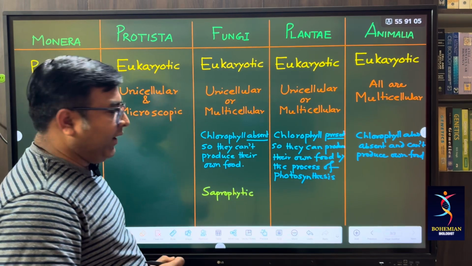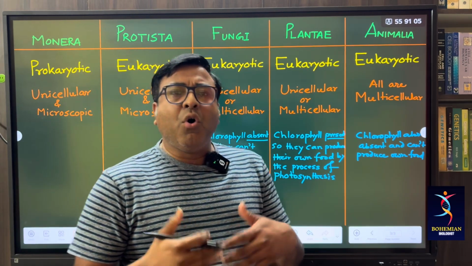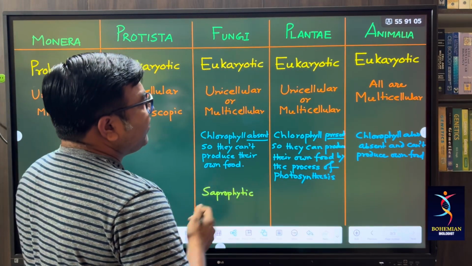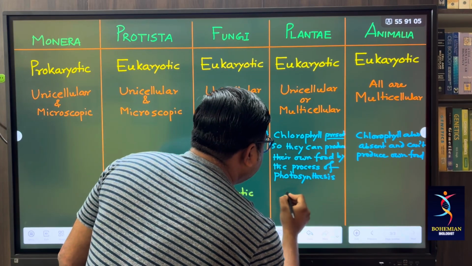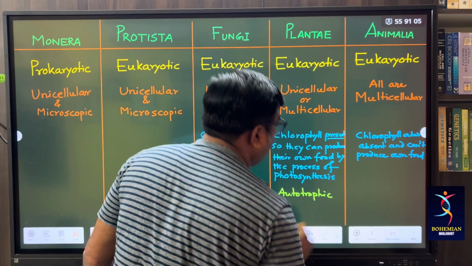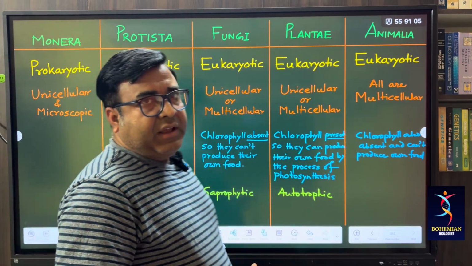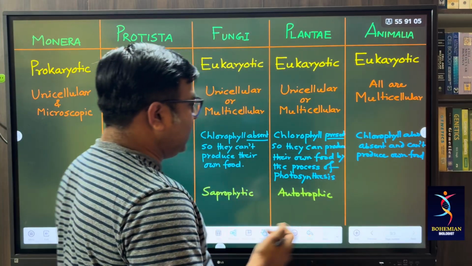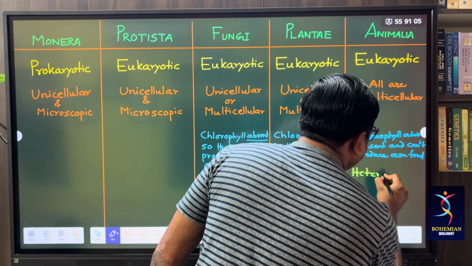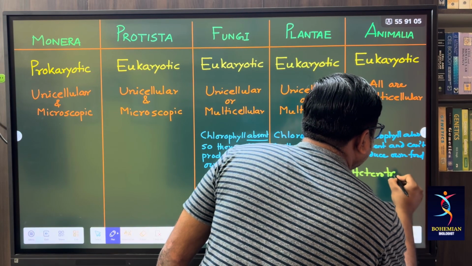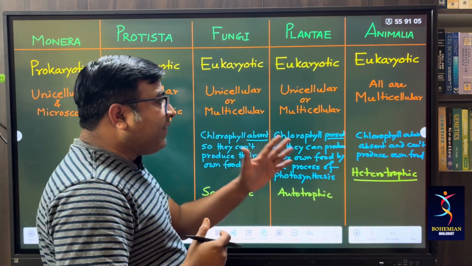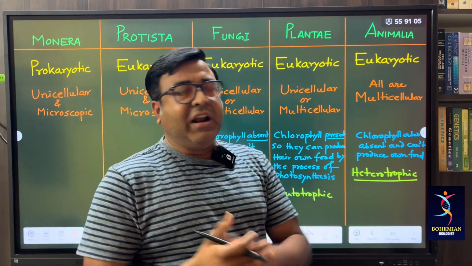Mainly they are saprophytic. They grow on dead or decaying materials. But plantae are autotrophic, because they can produce their own food. Auto means they can produce their own food. But Animalia are heterotrophic, that means they depend on other organisms and materials for food.